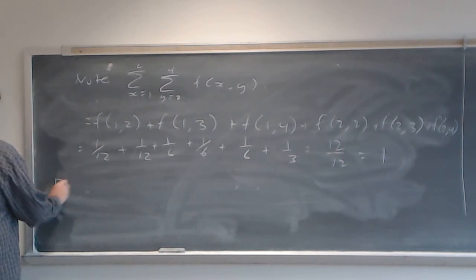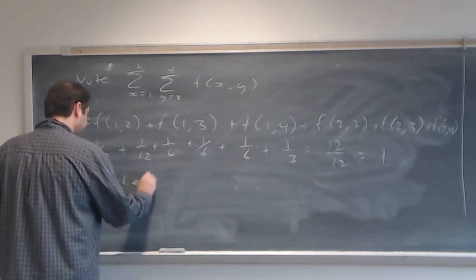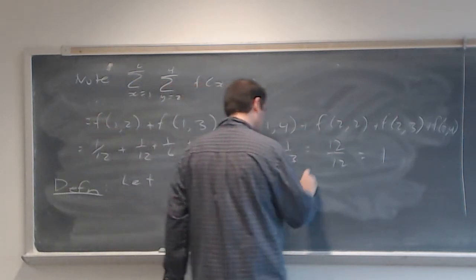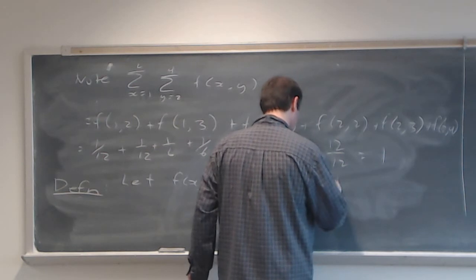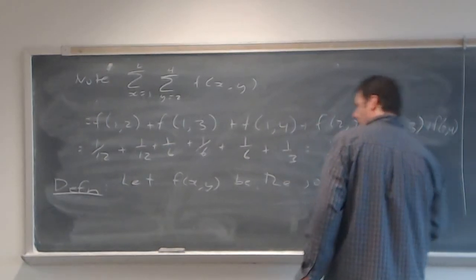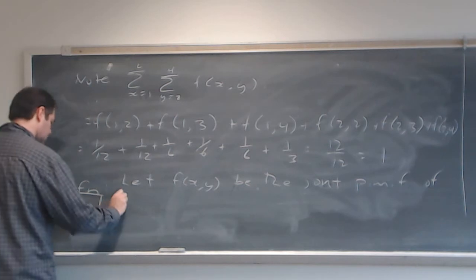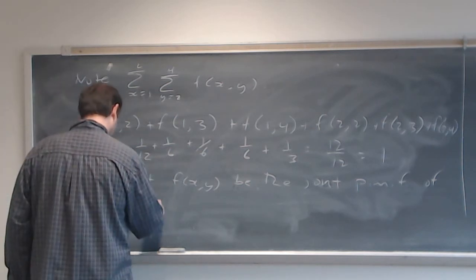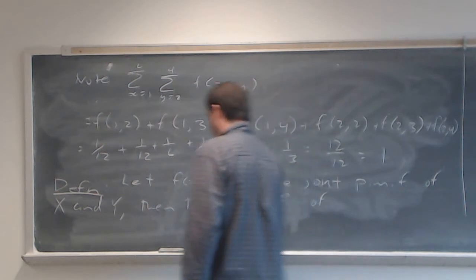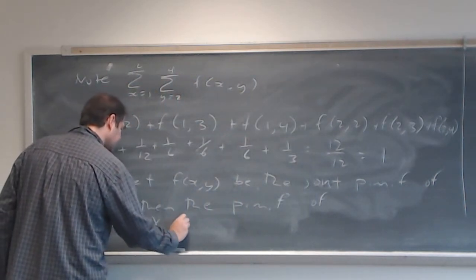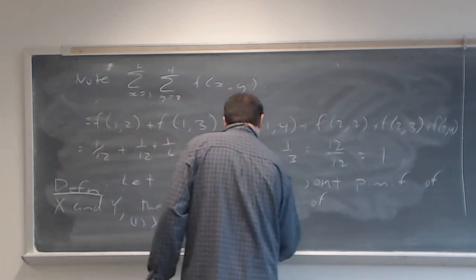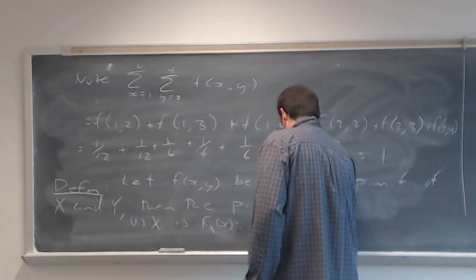Well, here's a definition. If we let f of x comma y be the joint PMF of random variables x and y, then I'll write down 2 definitions. 1, the PMF of x is f sub x of x, which is equal to the sum over all y values of the joint PMF.